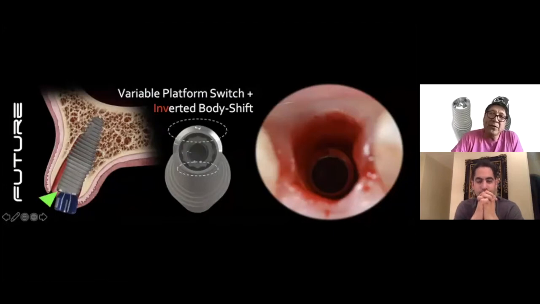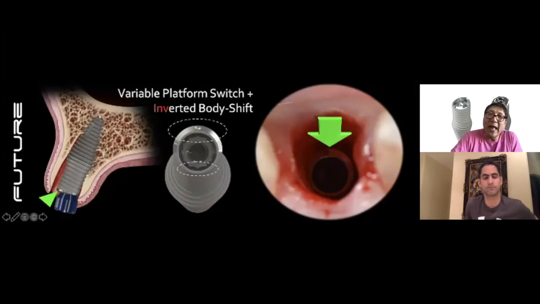By having this shrunken diameter coronal part, you could fit all your parts and pieces, but you actually have more distance here to place more graft material. We're presently doing some studies looking at the benefits of just a coaxial implant with this variable platform switch, or this off axis, but also now variable platform switching with coaxial and inverted in combination.